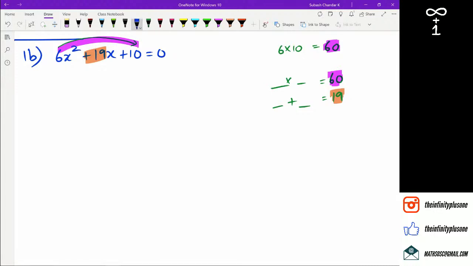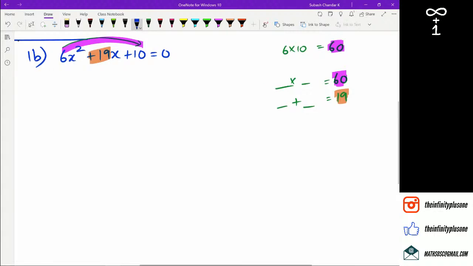Now, sometimes people get stuck with this part as well. They go, I don't know all the numbers that go into 60. So what you can do, and this is a really good trick for working out your factors, is when you have 60, you can break it down into prime factors. So this would be 2 and 30. Break it down further, you've got 2 and 15.